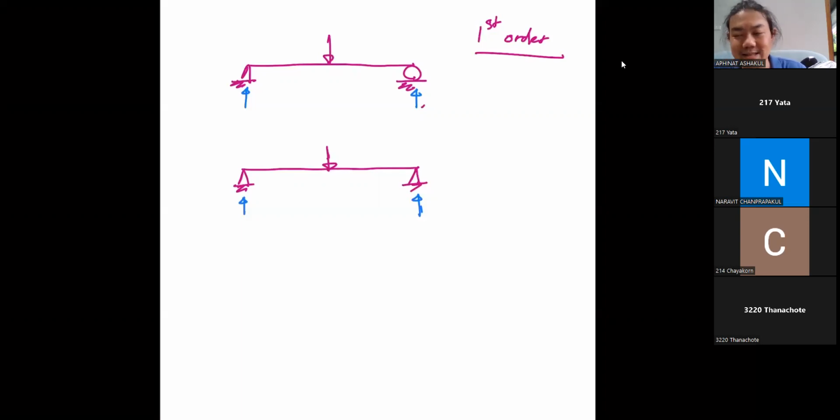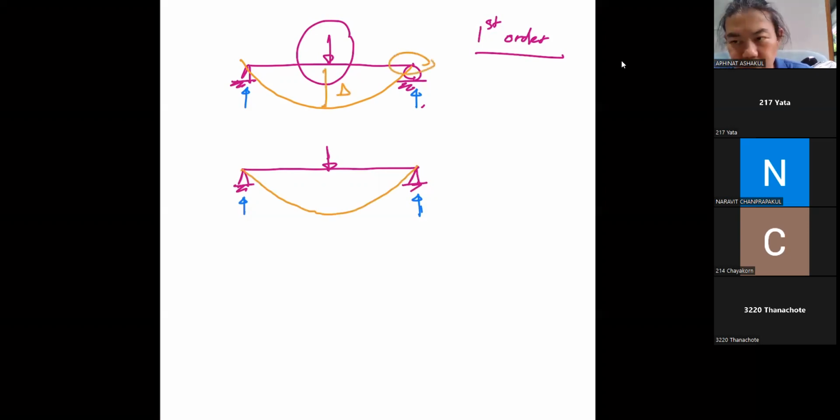But let's say if this load is so large and it will cause your beam to deform so much, this guy will have a problem, because when you have a large deflection here, this gives you freedom so that the member can move, right?